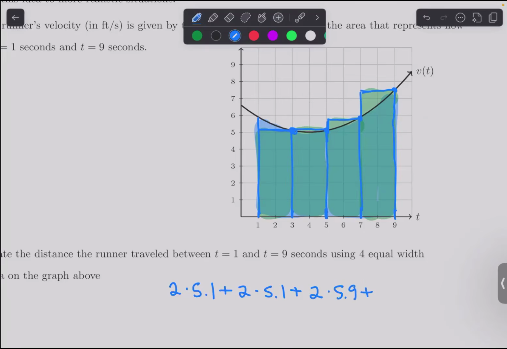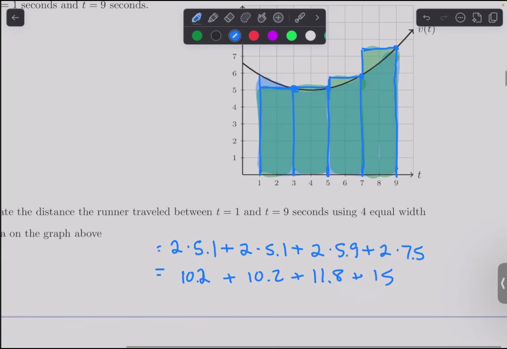And then finally, my last rectangle here, we have a width of 2 and a height of, we'll say 7.5. So let's see, the total area is going to be 10.2 plus 10.2 plus 11.8 plus, oh, I forgot my decimal point there. 2 times 7.5 is going to be 15.